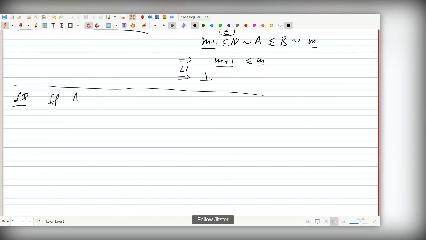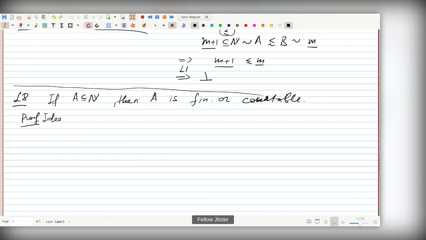So if A is a subset of N, if A is a subset of naturals, then A is either finite or countable. So every subset of naturals is either finite or countable.